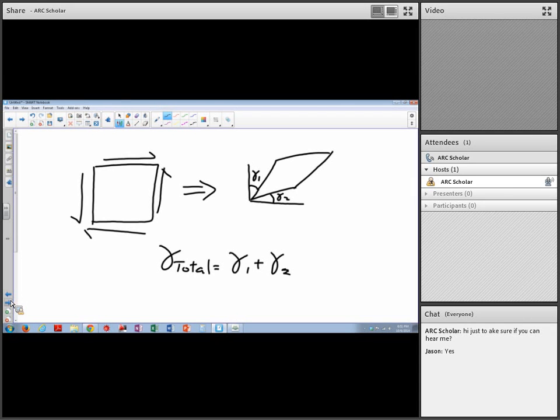It depends on how small the angle is. Do you have a question?